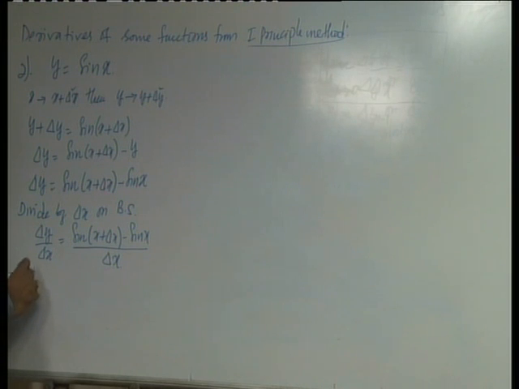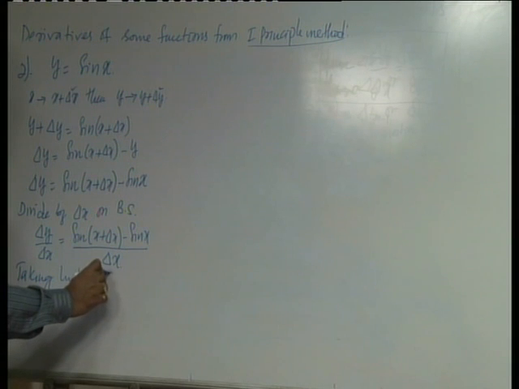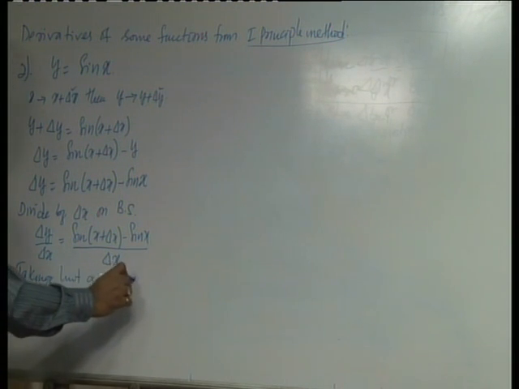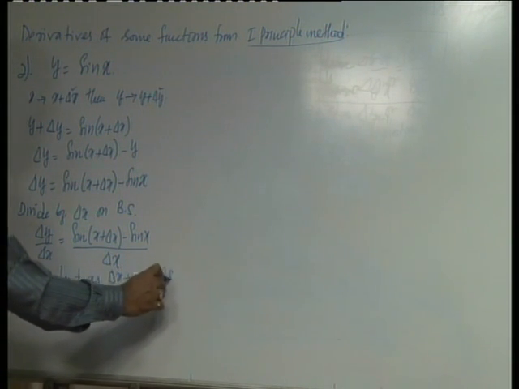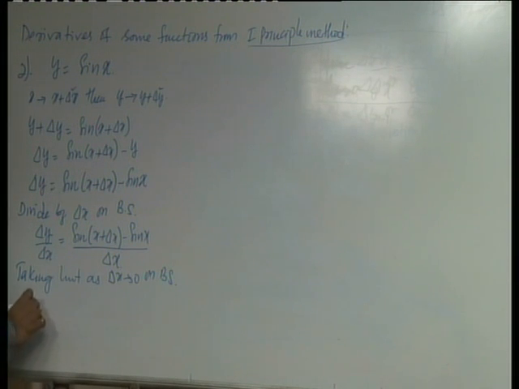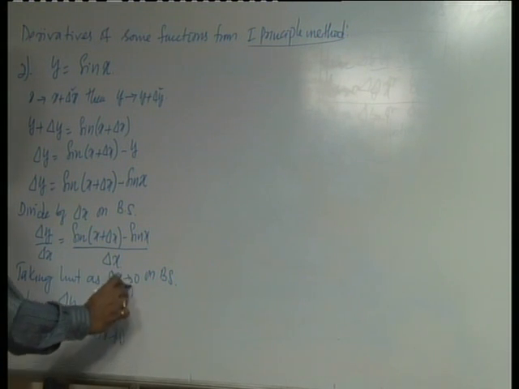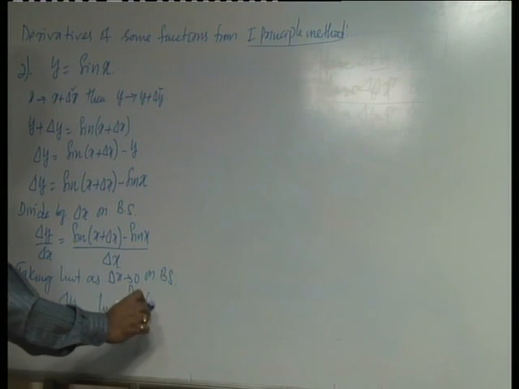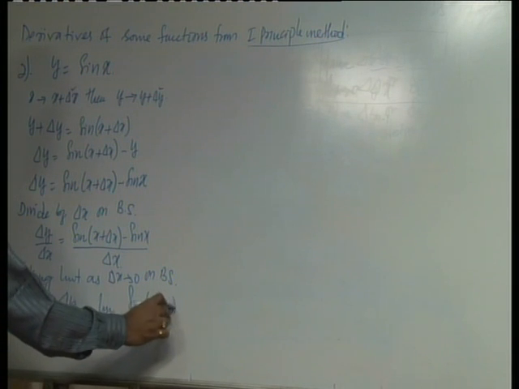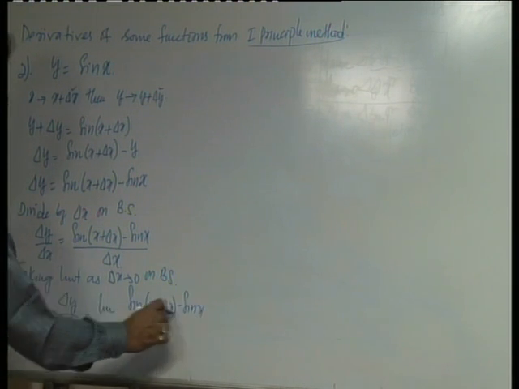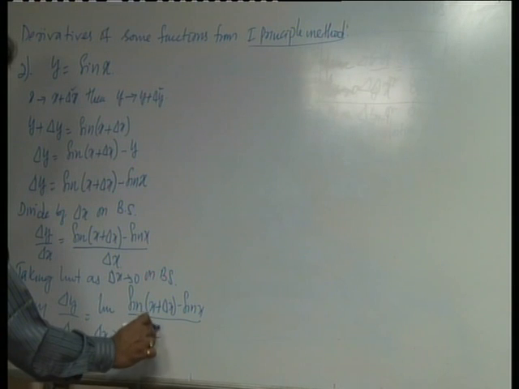Taking the limit as delta x tends to 0 on both sides, it becomes limit delta x tends to 0 of delta y divided by delta x is equal to limit delta x tends to 0 of sin of x plus delta x minus sin x divided by delta x.